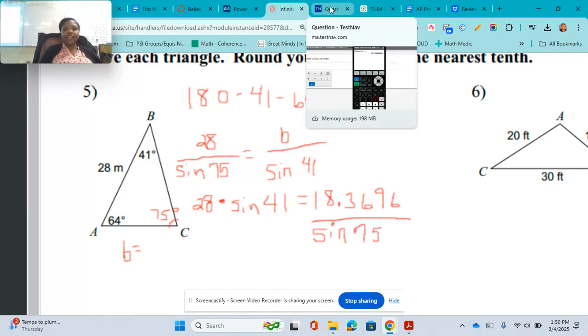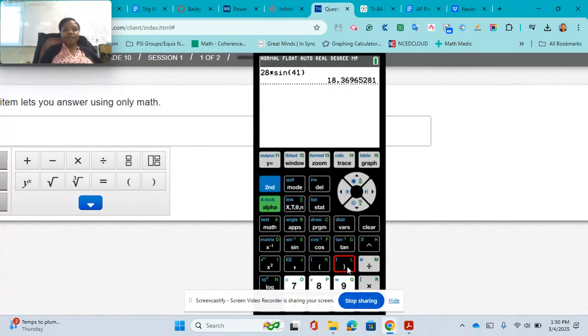So in my calculator, all I'm going to do is press divided by. So it's going to give me the answer divided by the sine of 75 in parentheses, enter, and I have 19.017.